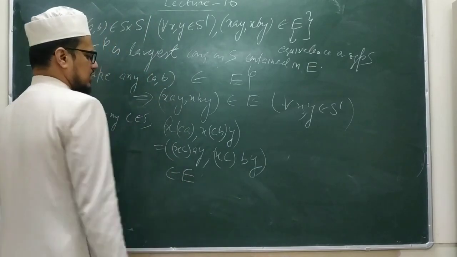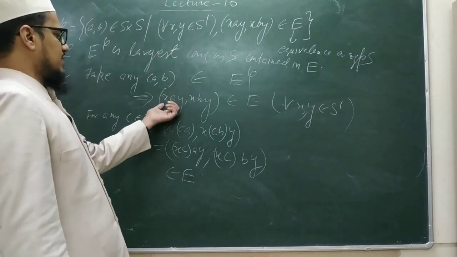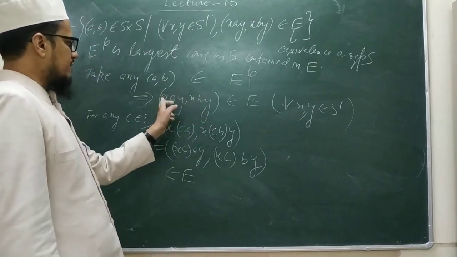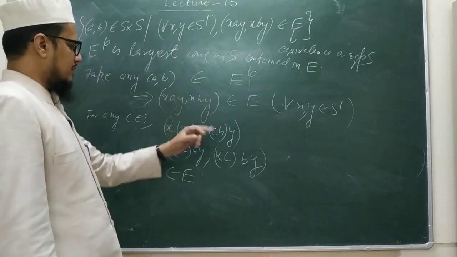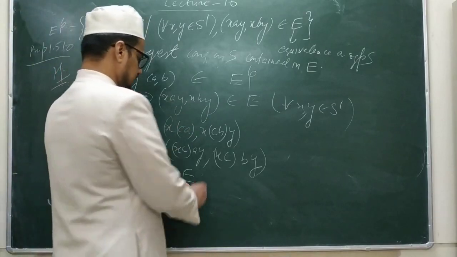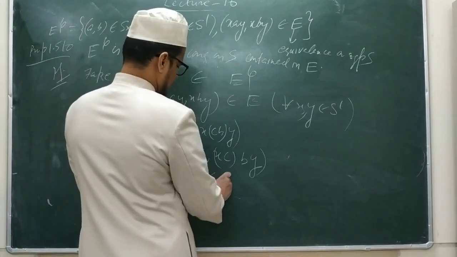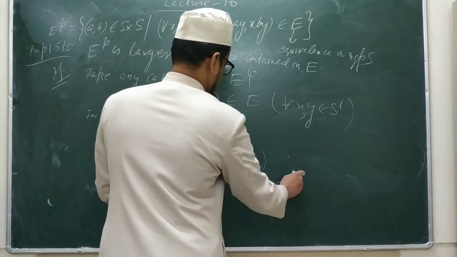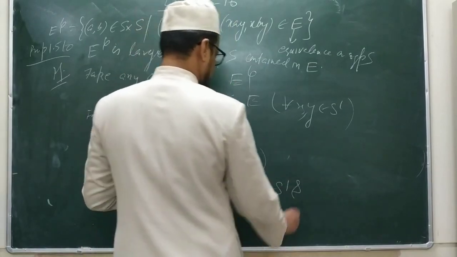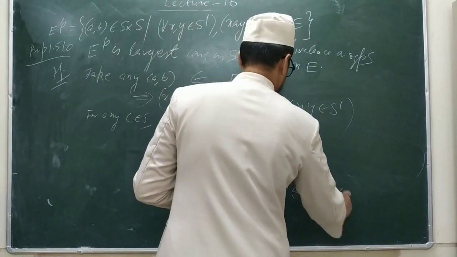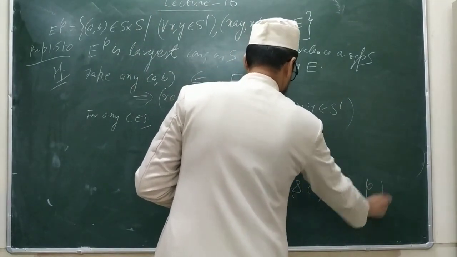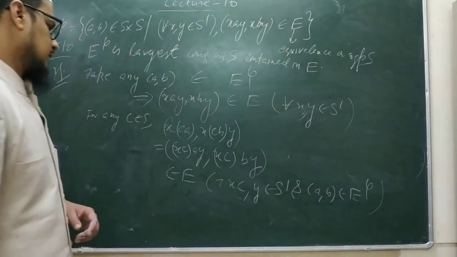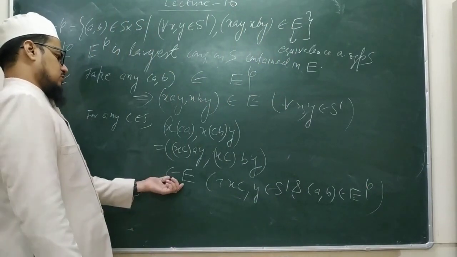It goes in E, because you know that XAY, XBY, it's true for every X, Y from S1. So it belongs to E since XC comma Y is from S1 and A comma B is from E natural. Correct?